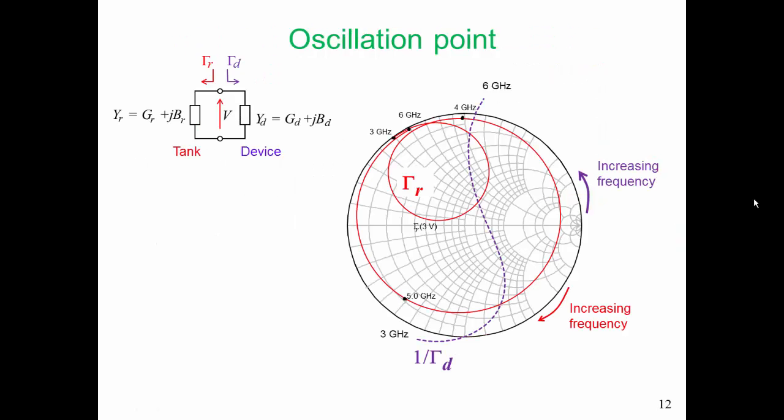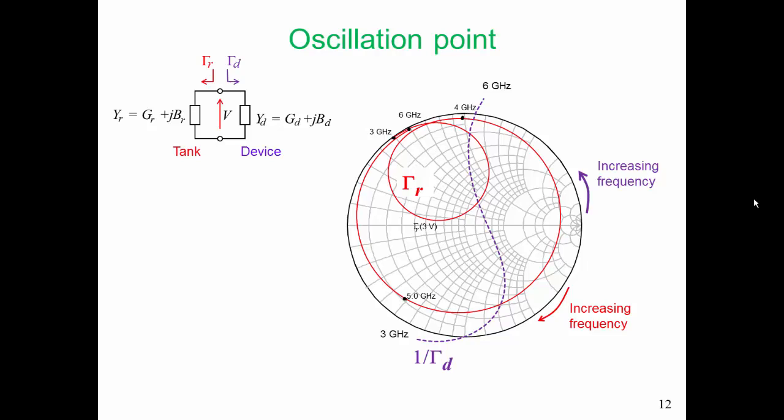Now the point of oscillation is going to be determined by when the resonator admittance is equal to the negative of the device admittance. Or in terms of reflection coefficient, the point of oscillation is going to be determined when gamma r is equal to 1 over gamma d.